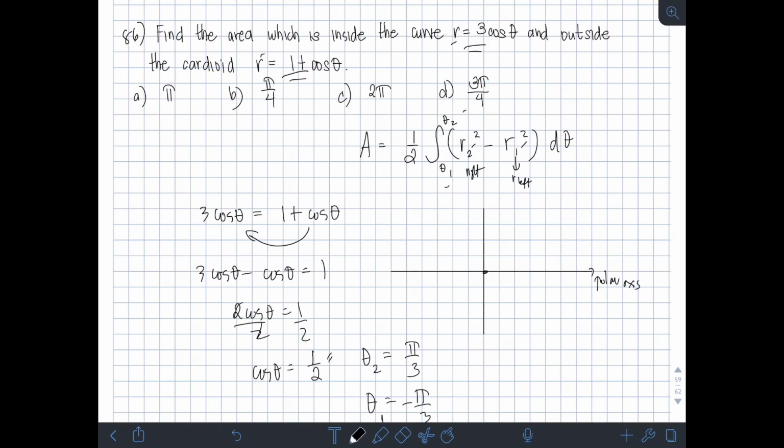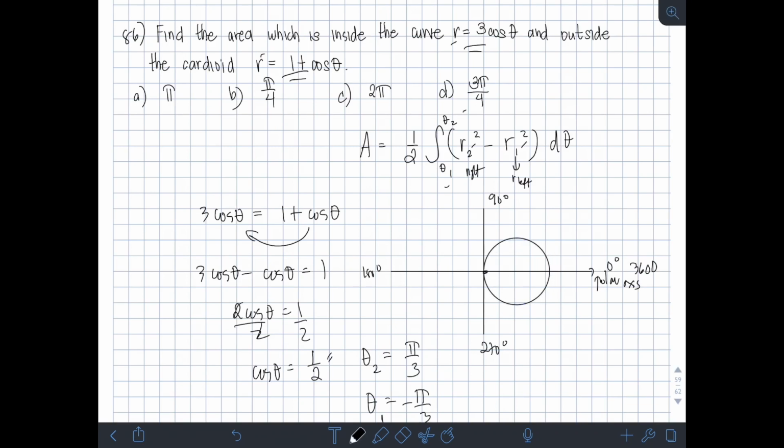So, nahahati, let's say, sa 0 degrees, 90 degrees, 180 degrees, 270 degrees, and then 360 degrees. Okay? So, itong r equals 3 cosine theta. Actually, kung kabisado nyo yung equation sa magiging itsura ng graph ng polar curve, ito ay isang circle. Okay? Circle siya dito sa first at fourth quadrant.